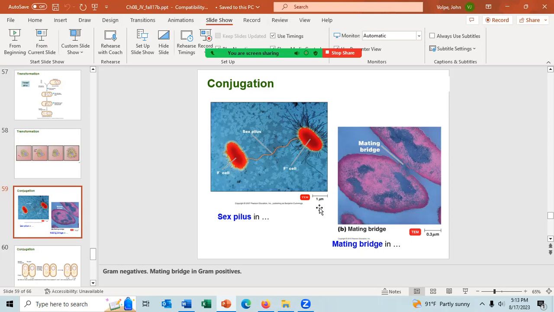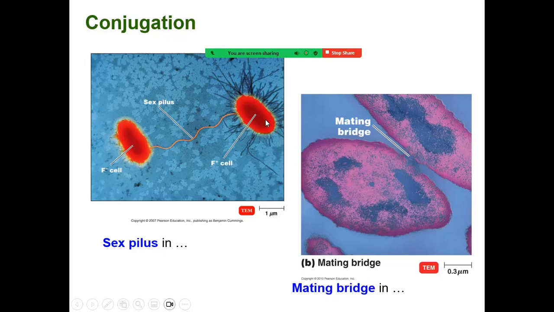In gram-negative cells, conjugation happens by this cell here, let me blow this up, makes a sex pilus, and then the sex pilus literally skewers that cell and acts as a winch to bring the two cells closer together. And then DNA from this cell moves into that cell. Any question about any of that? We'll talk a little bit more about this one here. That's what happens in gram-negative cells.